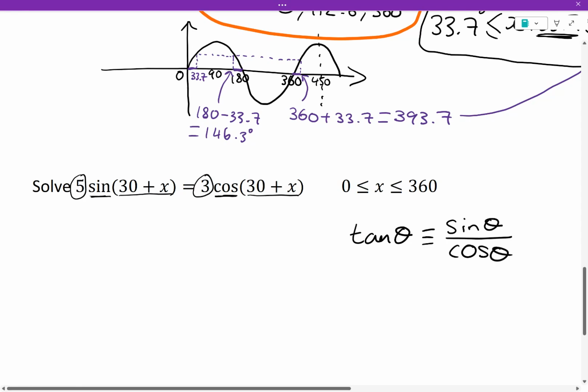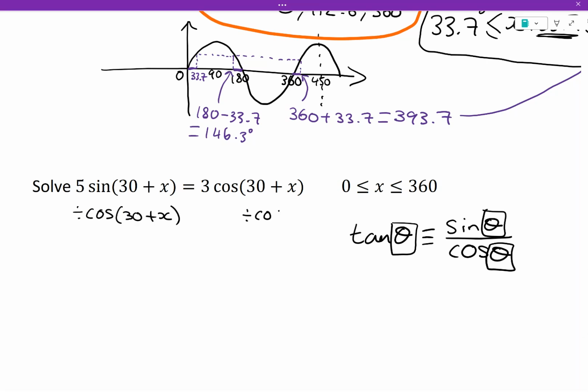Now, this identity works providing the angles are the same, which they are, because they're both 30 plus x. So I'm not going to divide by cos x on both sides. I'm instead going to divide by cos of 30 plus x, because that's my angle, like this.